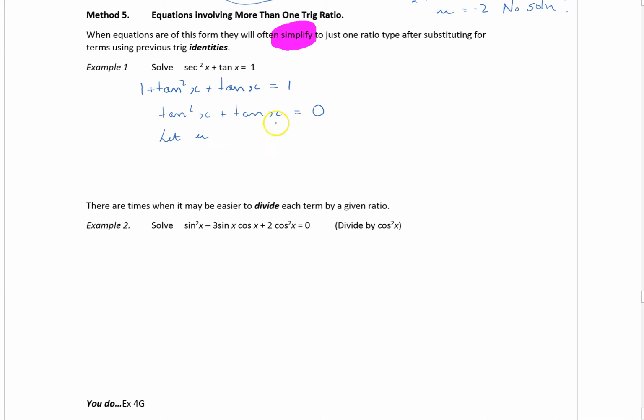So you probably can see if I let u equal tan of x, I'm going to produce a nice quadratic equation to solve. So take u out, u times u plus 1 is equal to 0. Therefore, u is equal to 0, or u is equal to minus 1. Now, what was u? Tan of x. So I'm thinking about where tan of x is 0, or where tan of x is minus 1.